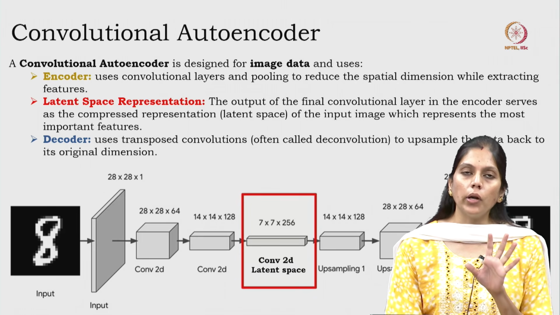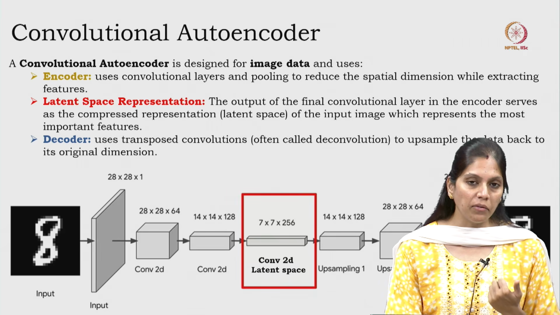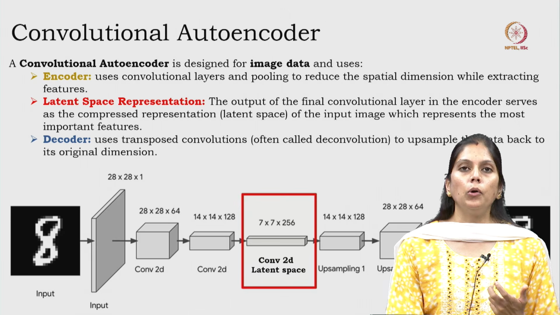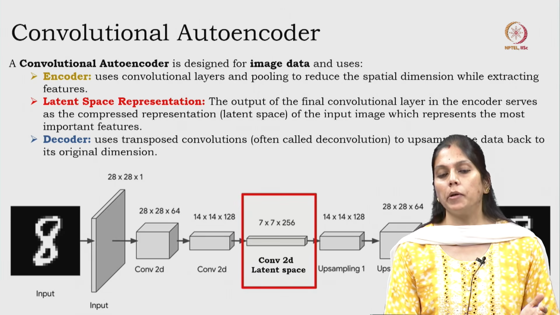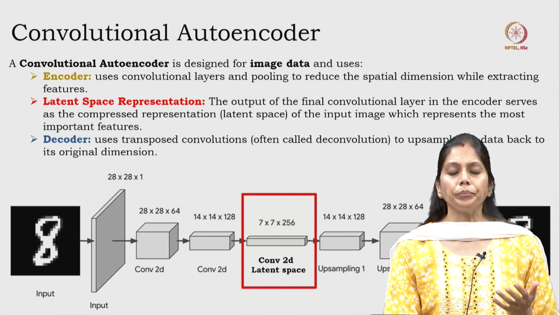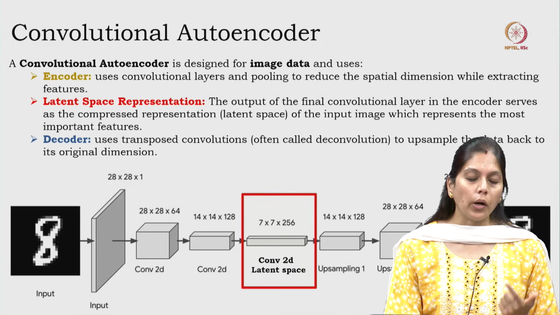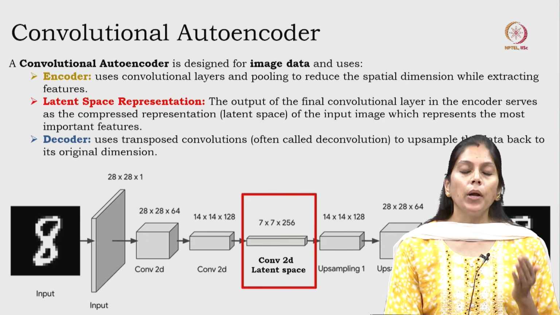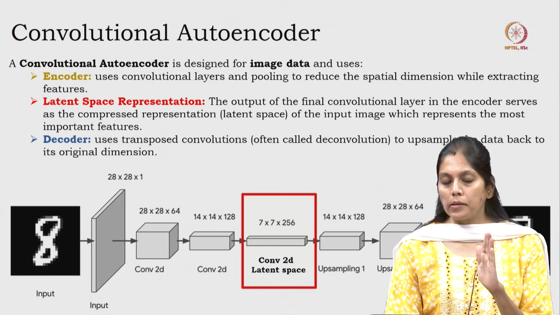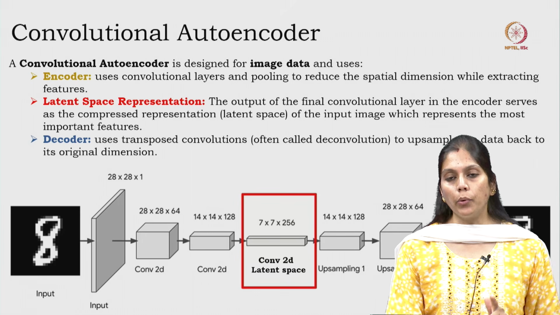The convolutional layer is mainly responsible for extracting the features and the pooling layer is responsible for reducing the spatial dimension. So here also, because it is an autoencoder and the input is an image, at the encoder side we are using a convolution layer and a pooling layer.